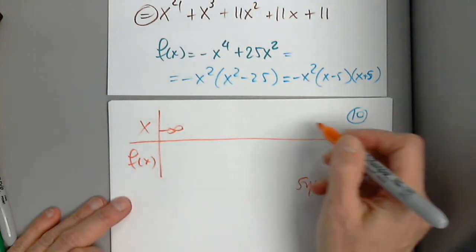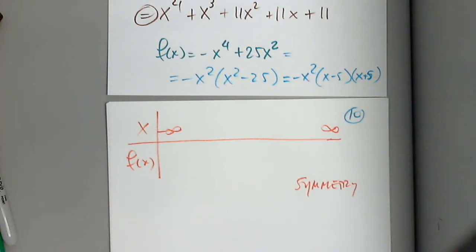So this is negative infinity to infinity because it's a polynomial. What is the end behavior? What degree, what polynomial? Yes, so you will compare it to either this with a positive leading coefficient, which is x squared, or this with a negative leading coefficient.